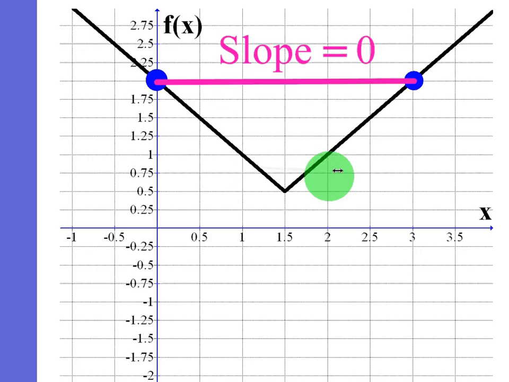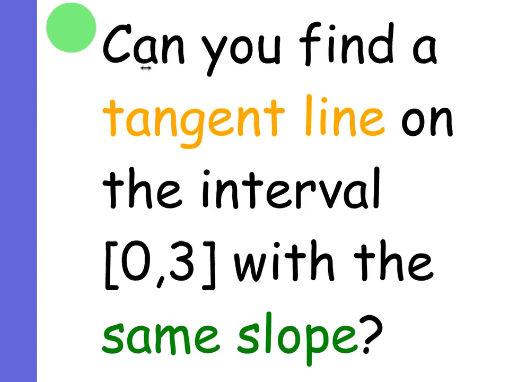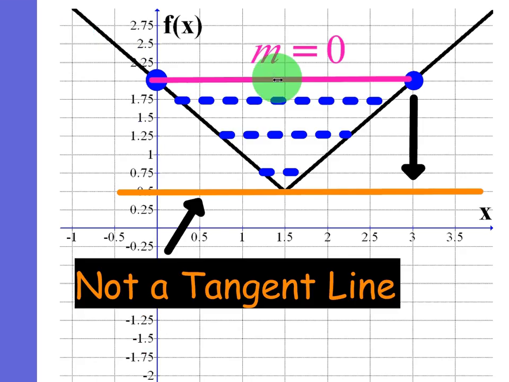Can you find a tangent line on here? So remember, a tangent line hugs the graph at one point, that's equal to 0. Try to shift this thing down, just like we did before, and see if we can find a tangent line that has the same slope as the secant line. Okay, well, if we try to shift this down, we cannot find a tangent line that has a slope of 0.